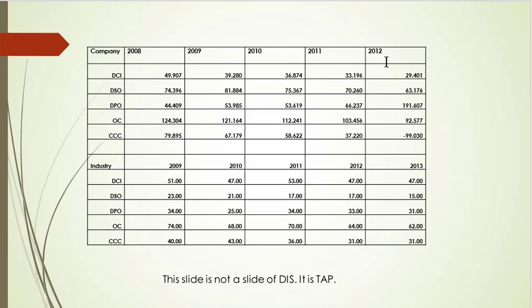Now, what happened in 2012? For this particular company, in 2012, something very bad may have happened to the company because, on average, it took them 191 days to pay for their inventory. Now, from a cash conversion cycle perspective, this is great because not only is it zero, it is less than zero.